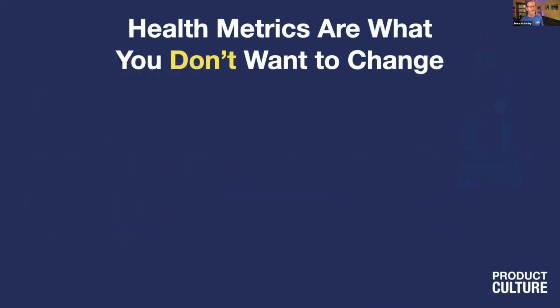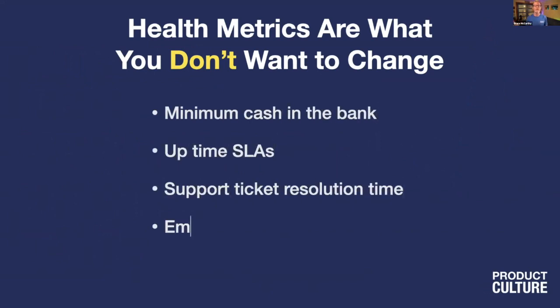They are the things that you want to get and keep into a healthy range, like a minimum amount of cash to meet payroll, or your uptime SLAs of a certain number of 9s, or your ticket resolution time for help desk, or your employee morale numbers. As long as they're in range, I don't want them cluttering up your OKRs. They're things to keep an eye on in the background.